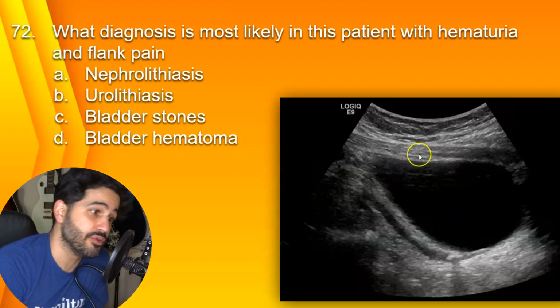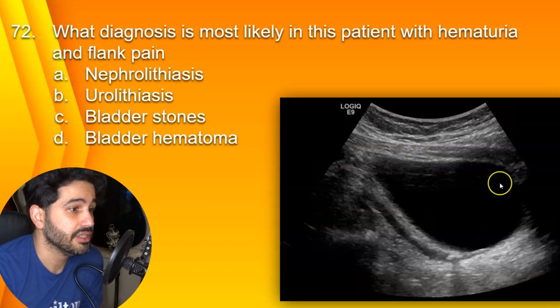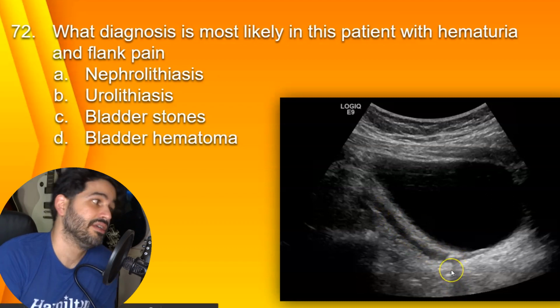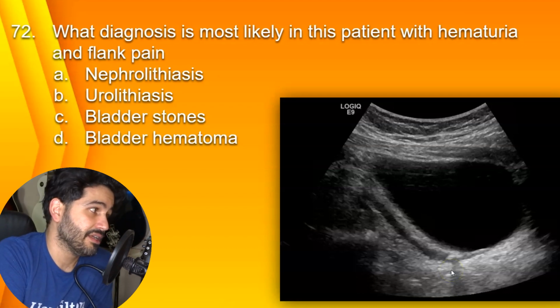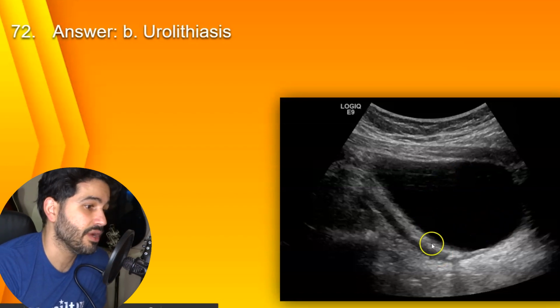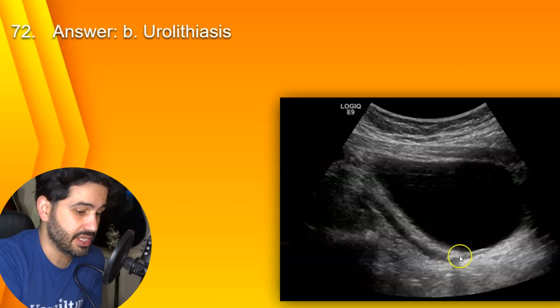There's no picture of the kidney, so you can't say there's nephrolithiasis from this image. You can see the bladder, you can see a dilated ureter with this echogenic structure here and some shadowing. So your best bet would be B, urolithiasis. Bladder stones would be within the bladder, whereas this stone is still within the ureter. Distal ureter at the ureteral vesicle junction, or UVJ.